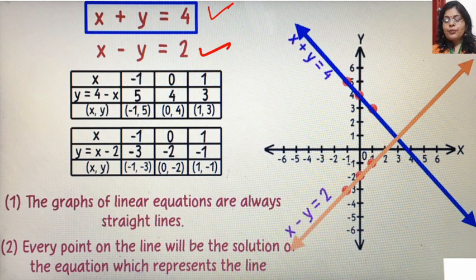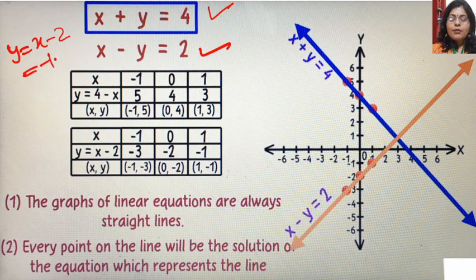We have put it, and the coordinates of this equation, what is this? y is equal to x minus 2. By putting x equal to minus 1, what is the value of y? It is minus 3.